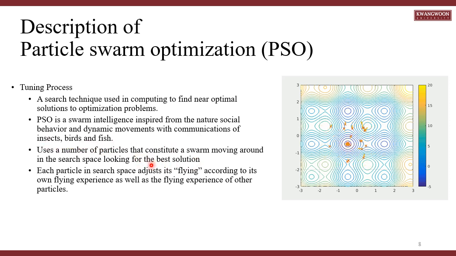It uses a number of particles or a population, as told in the previous slide. Each particle in the search space adjusts its flying. First we set the search space value in the code for initialization, and then the other particles adjust their performance based on the optimization value.